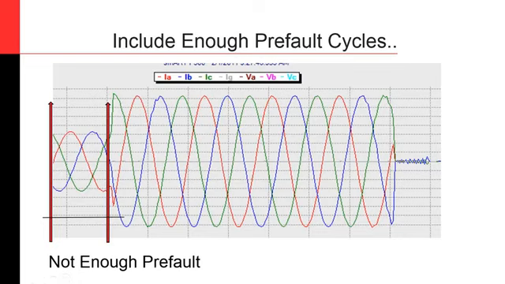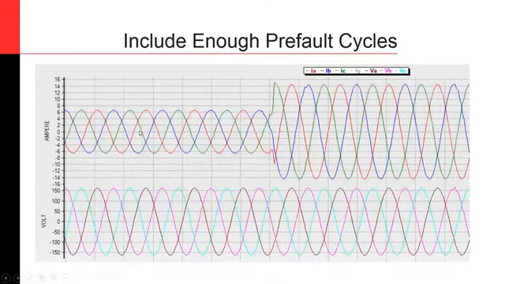Why? Well, microprocessor relays need some time to load the filters that are used to interpret the analog signal and convert it into discrete form, and then to convert it into the quantities that the relays use to make their decisions. That's why I recommend that whenever you can, include enough pre-fault cycles in your testing.